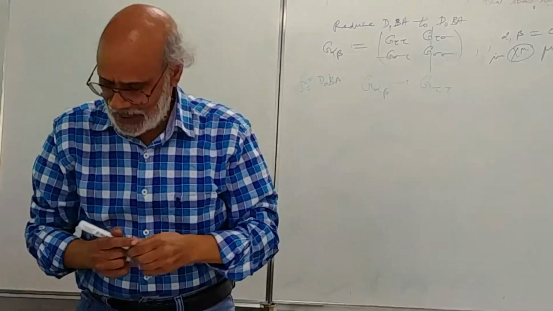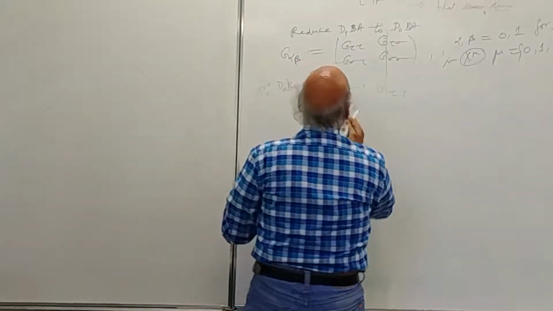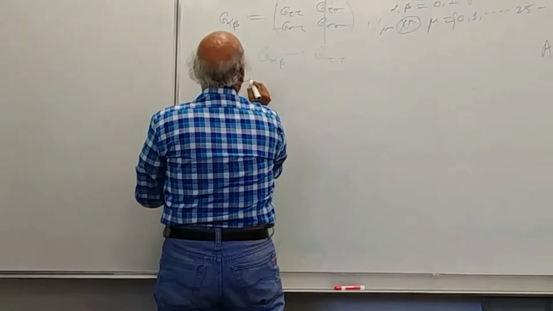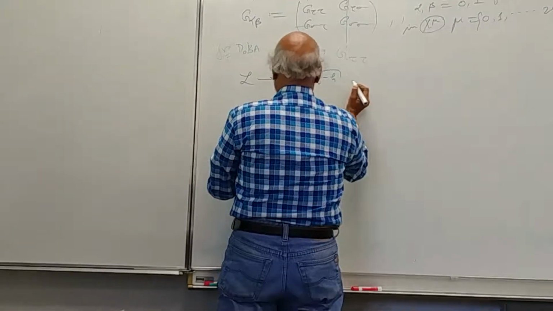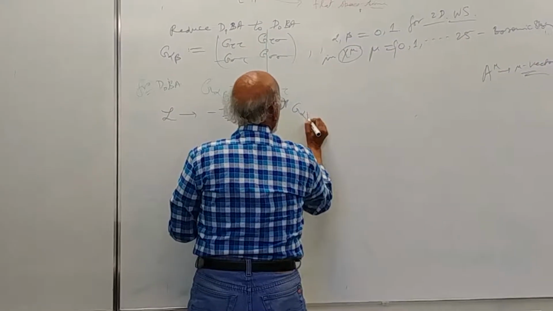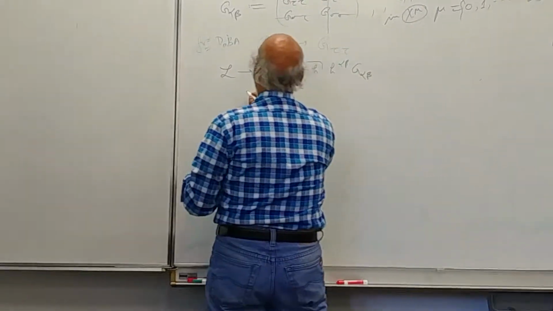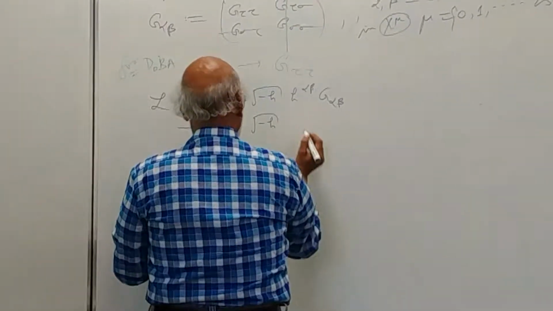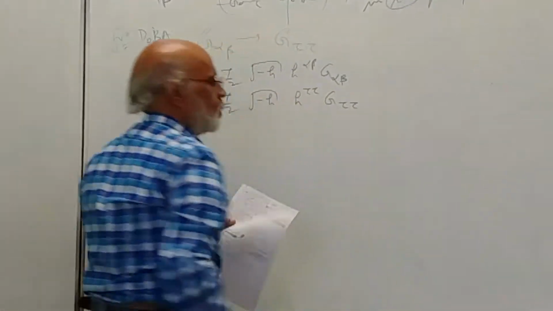And so with this my L would go to minus T by 2 square root of minus h alpha beta g alpha beta. This would go to minus T by 2 square root of minus h tau tau g tau tau, right?